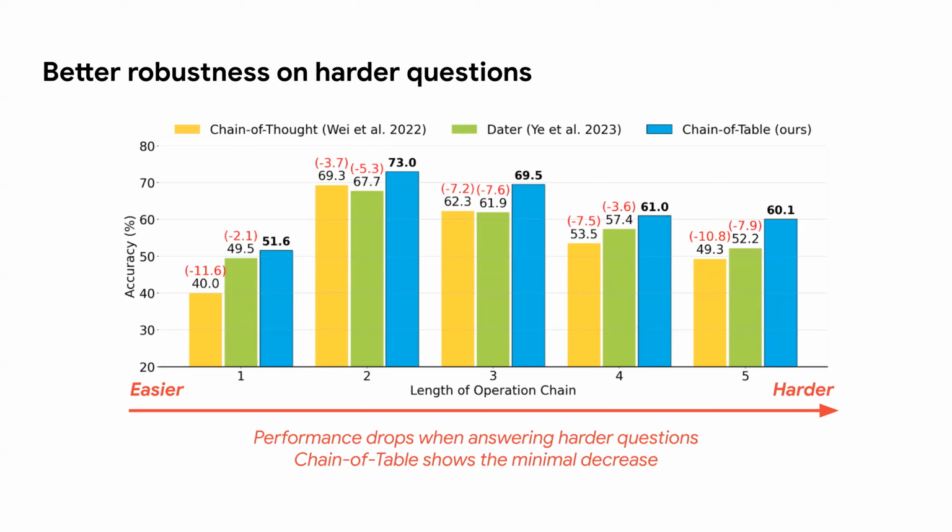We can see all these baseline performances drop when answering the harder questions. That's quite intuitive because they are harder. Performance should be lower. But if you dive into it in more detail, you will see, compared with these two baseline works, Chain-of-Table shows the minimal decrease. Chain-of-Table is the blue bar. The decrease is not that remarkable compared with Dater and chain of thought. So when we have harder questions, Chain-of-Table can still provide you a good answer.